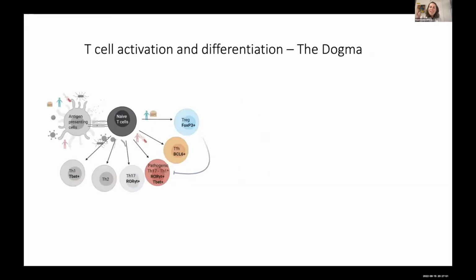So how are those different CD4 T cell programs being initiated? The dogma is that an antigen-presenting cell will take up the antigen in the gut and migrate to the lymph node, where it will create an immune synapse with the T cells that have the right TCR. This immune synapse will lead to the activation and proliferation of the T cells. And the idea is that the antigen-presenting cell will also secrete a signal that will dictate the differentiation program.